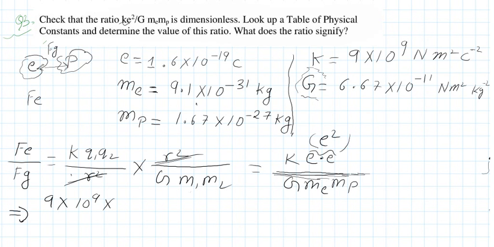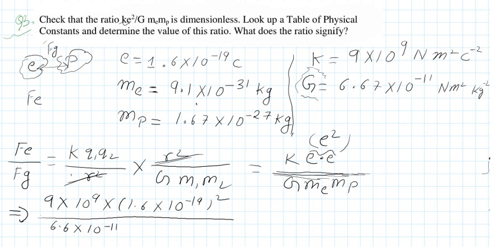So this will give you 1.6 into 10 the power minus 19 square upon the value of G, 6.6 into 10 the power minus 11, and mass of electron 9.1 into 10 the power minus 31.